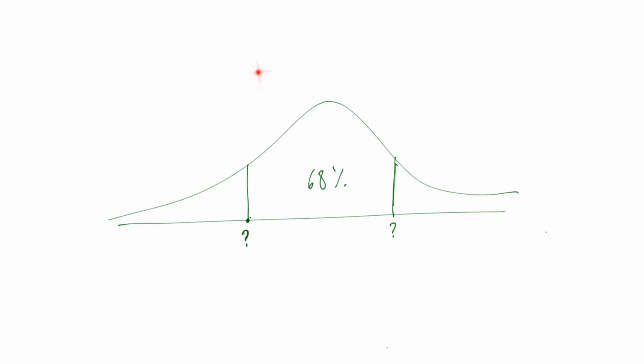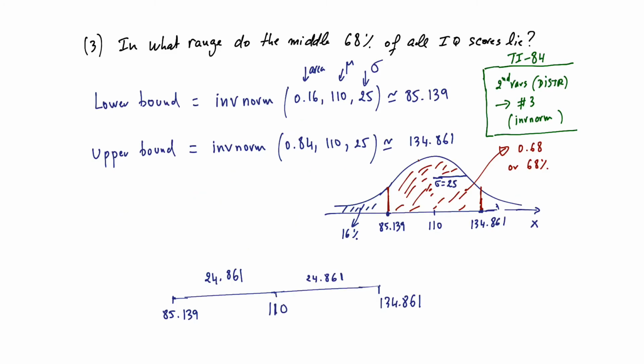If the entire area is 100% and this is 68, that leaves 32% to be split in half because these are equal. So this is 16%. That is why for the lower bound I have to enter 0.16. You really need to remember not to write 0.68. It's 0.16. And then, of course, mu and sigma.